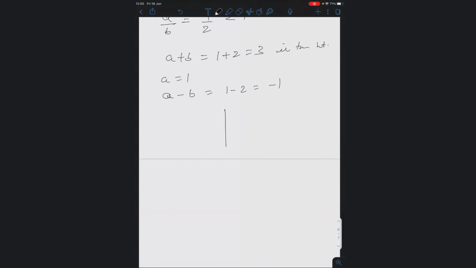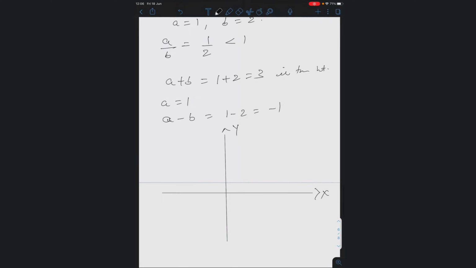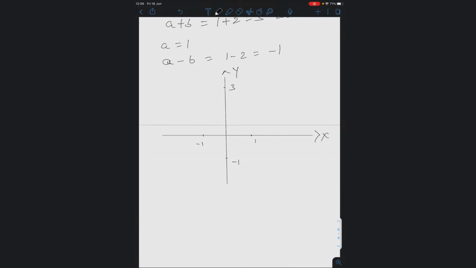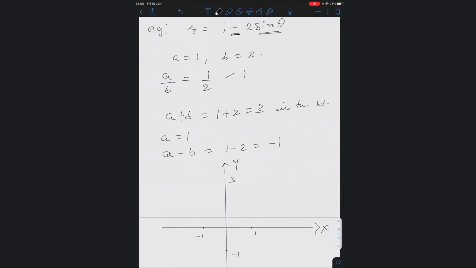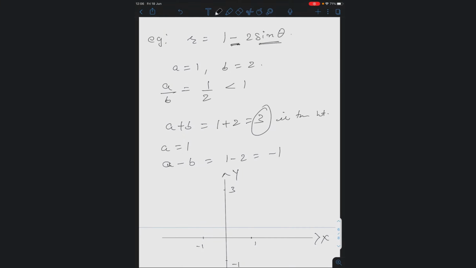So the graph will be something like this. This is the x-axis, this is the y-axis. So on the x-axis you have 1 and minus 1. Then you have 3. Here 3 doesn't mean you will consider it on the positive axis.